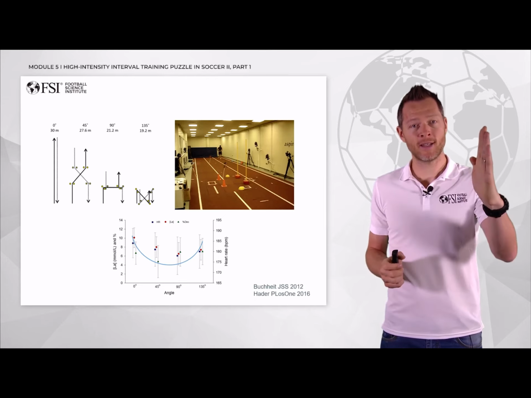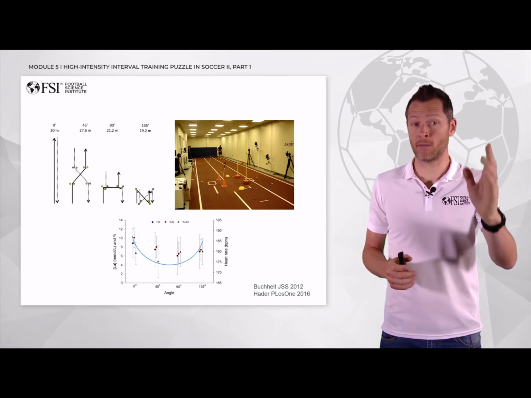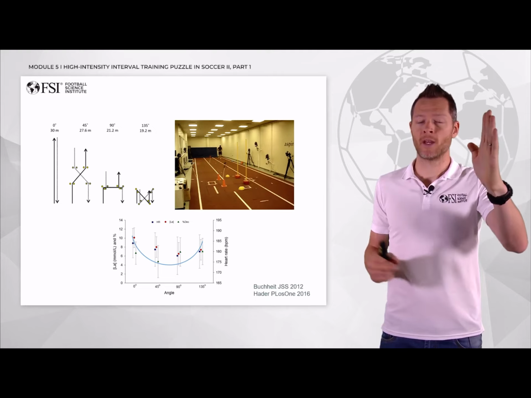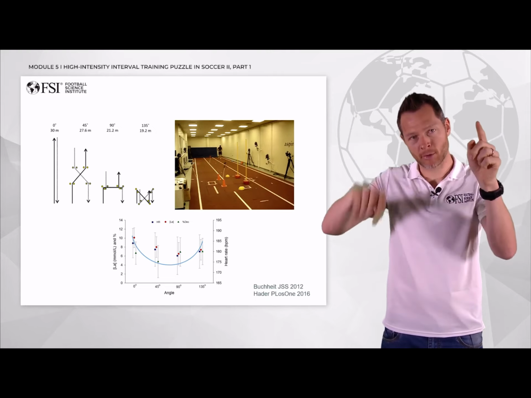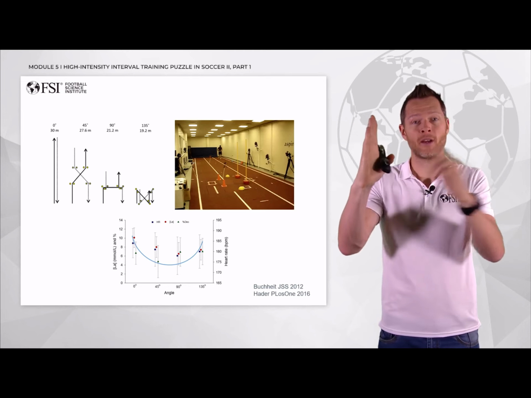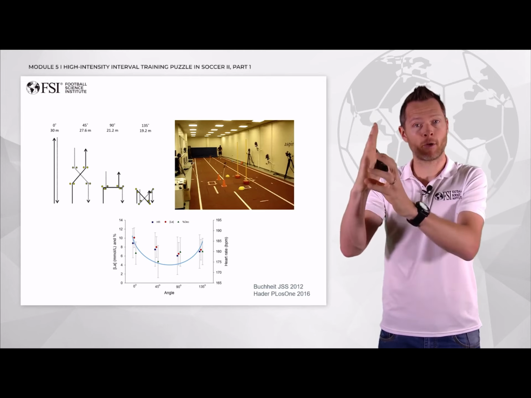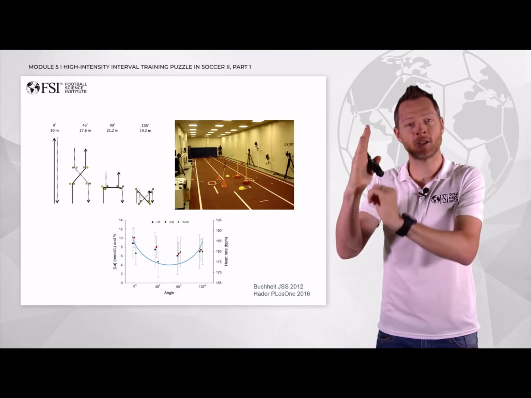So straight lines are pretty demanding because of the high-speed component. And very sharp turns are pretty demanding as well because of the amount of mechanical work and the repeated acceleration, deceleration.